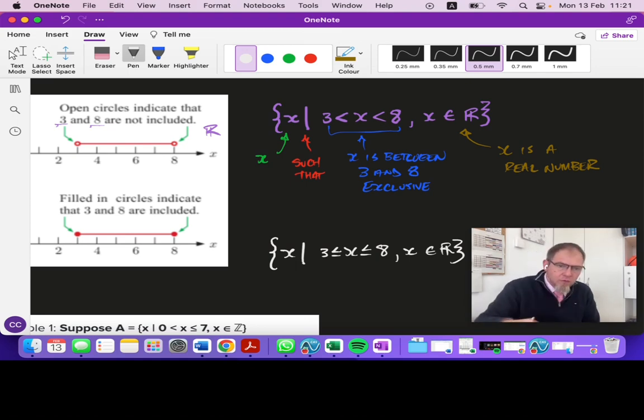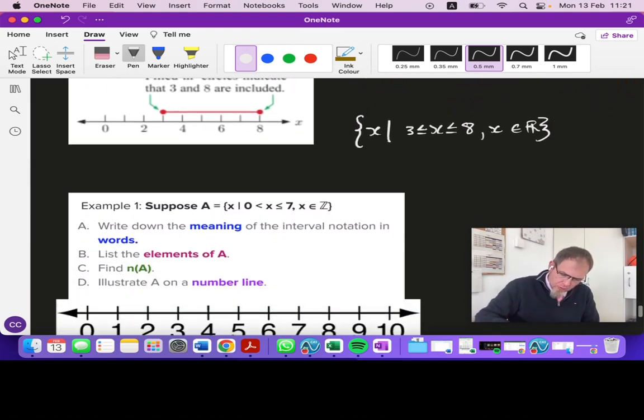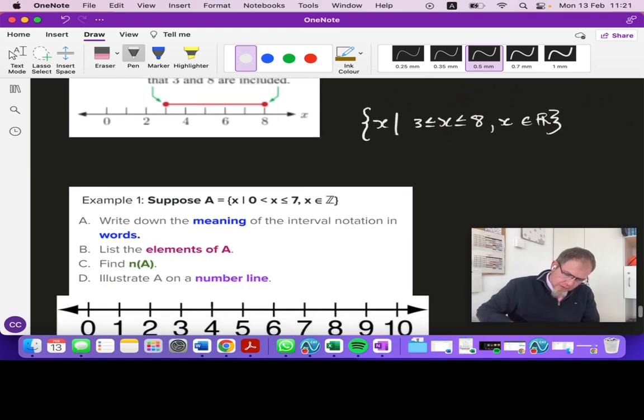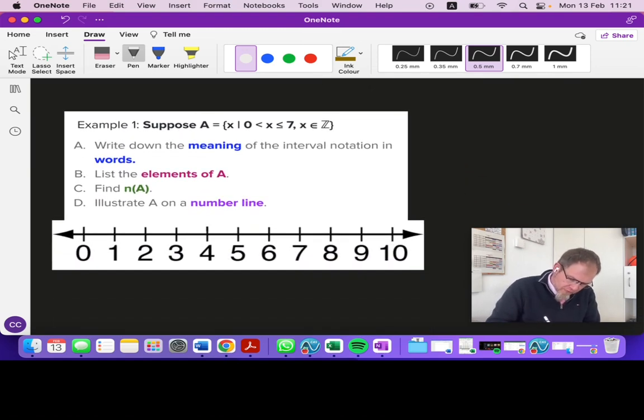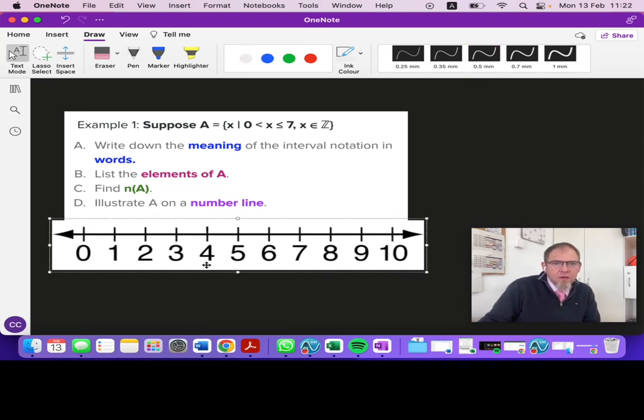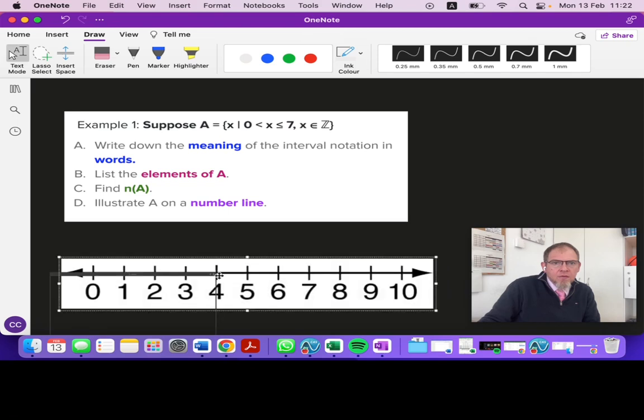Okay. So let's see what we can do with this. We have A, which is a set of values. That set of values, we're told, is A is x such that x is between 0 and 7, and x is an element of the integers. Okay?